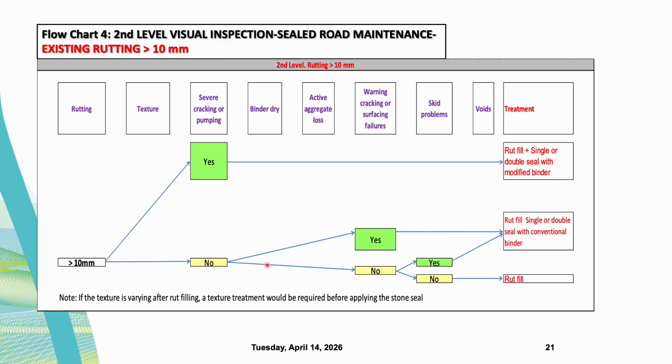We skip the binder dryness or active aggregate loss. We can see warning crack signs, yes or no, and go on to the solution. If the rutting is high and there's no cracking, no warning cracking signs, and no skid resistance problem, you only do a rut fill, indicated in the solution treatment column over here.